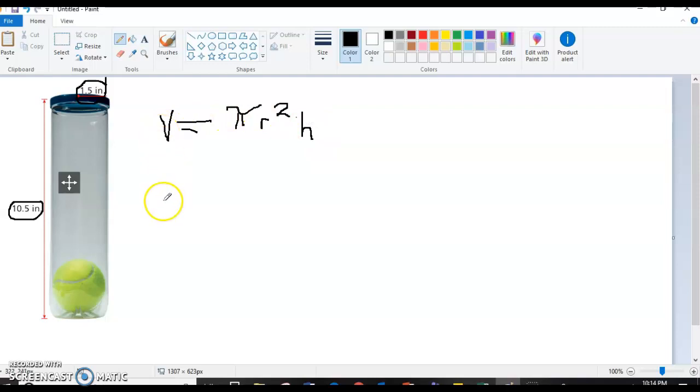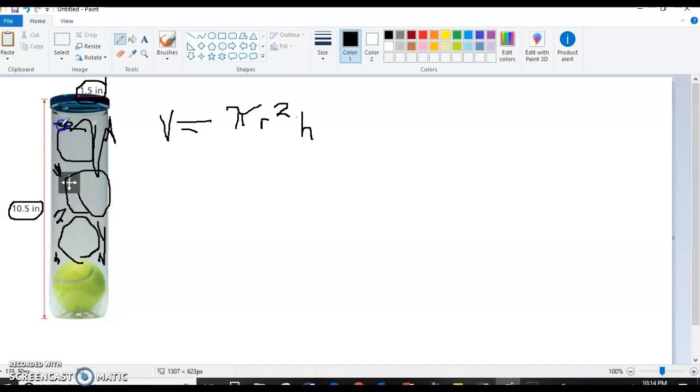But what it's asking for is to determine what is the volume of air in the cylinder after I add 4 tennis balls. So if I put 4 tennis balls in this container, check out those tennis balls, then how much is the area of air, the volume of air around the tennis balls inside the container?